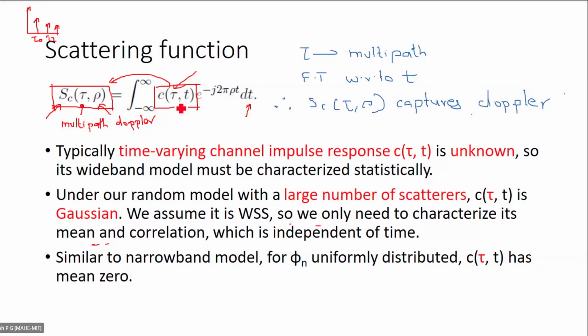You are not doing the Fourier transform with respect to tau, so you are not analyzing or spreading the tau component. You are spreading something that is in the t domain, right?